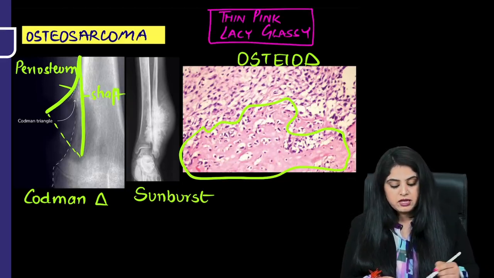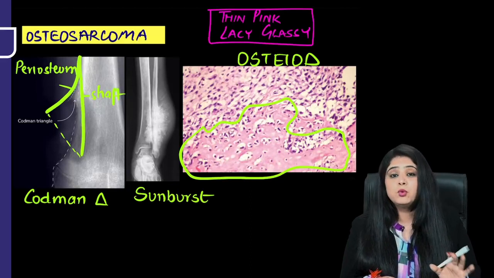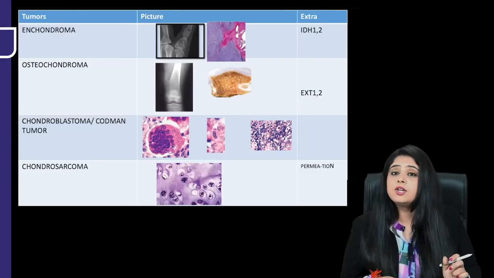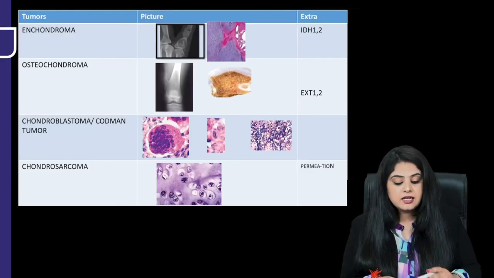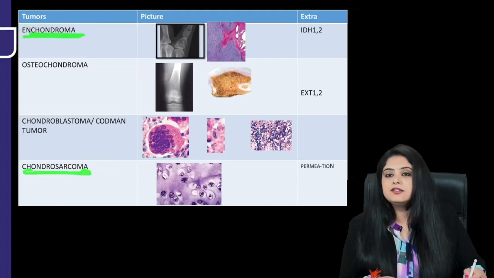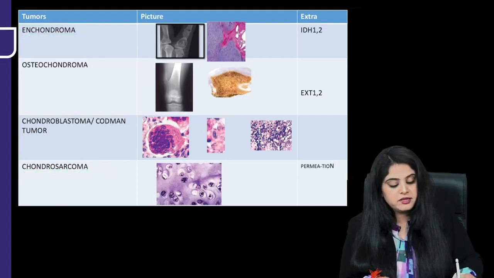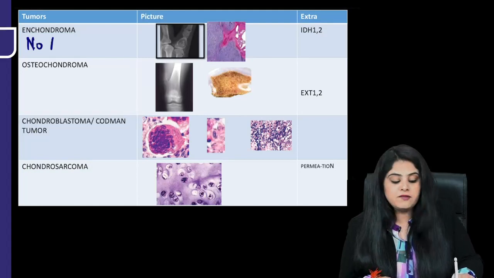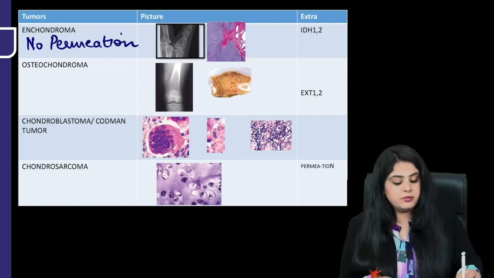Now let's move forward. This was about your bone tumors, bone forming tumors. Now I want all of you to know the cartilage forming tumors. Under cartilage forming tumors, first I'll pick up the benign and the malignant. Benign is enchondroma and malignant is chondrosarcoma. So common sense tells me that enchondroma will not have any permeation because it's benign, right? So the radiologist will say no permeation.